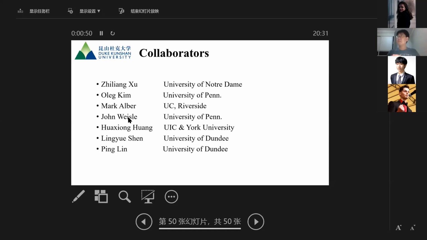And because, as Joyce said, it's a complicated model, in order to solve the model we have to ask for help from the numerical side. So Professor Lin and Dr. Shen from the University of Dundee, and also Julian, are working on the numerical part to solve the complicated model.